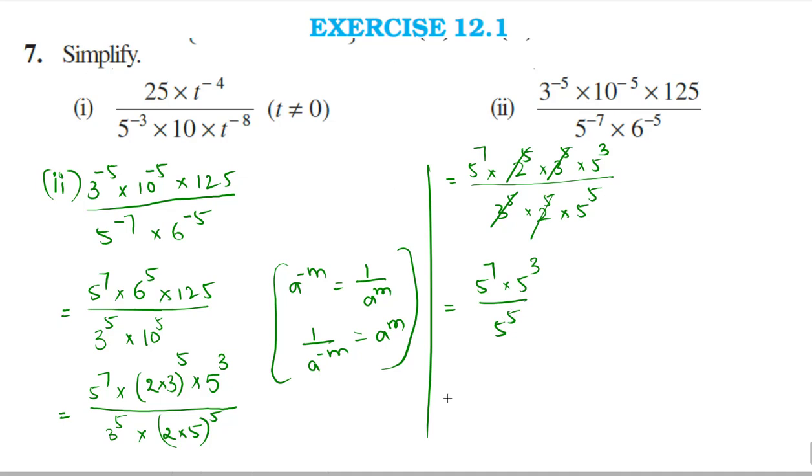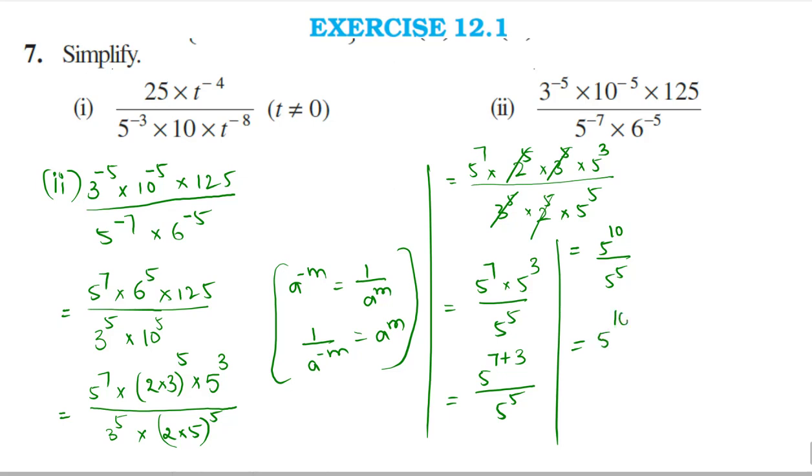Which is equal to, you observe the numerator a to the power of m into a to the power of n, that is a to the power of m plus n. So 5 to the power of 7 plus 3 divided by 5 to the power of 5. So that is equal to 5 to the power of 7 plus 3 is 10, divided by 5 to the power of 5. This is of the form a to the power of m by a to the power of n, which is equal to a to the power of m minus n.